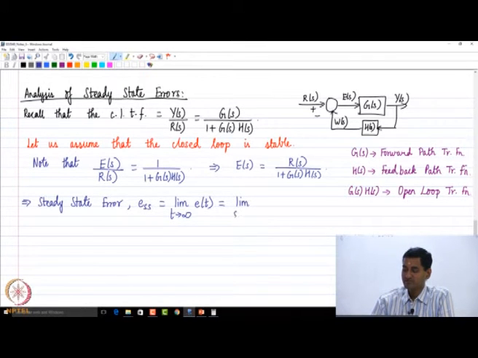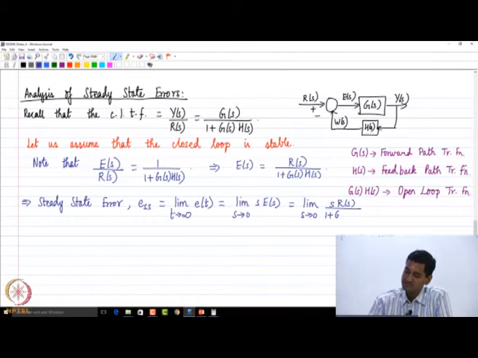So that's the limit as s tends to 0 of s times E of s. So this is the limit as s tends to 0 of s times R of s divided by 1 plus G of s H of s.